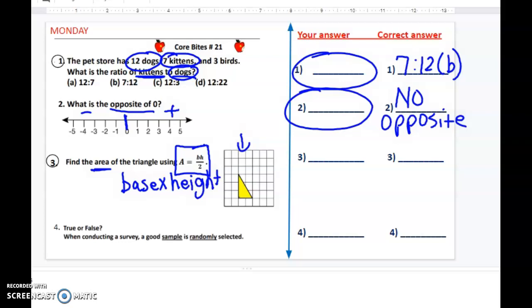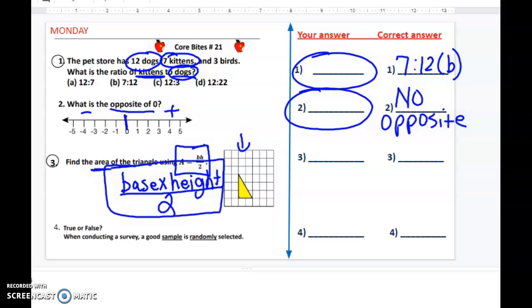So that part of the formula means base times height. Then you'll notice that it is written as a fraction, which means to divide by 2. So this formula means base times height divided by 2. I want you to pause your video and write down what the formula means.